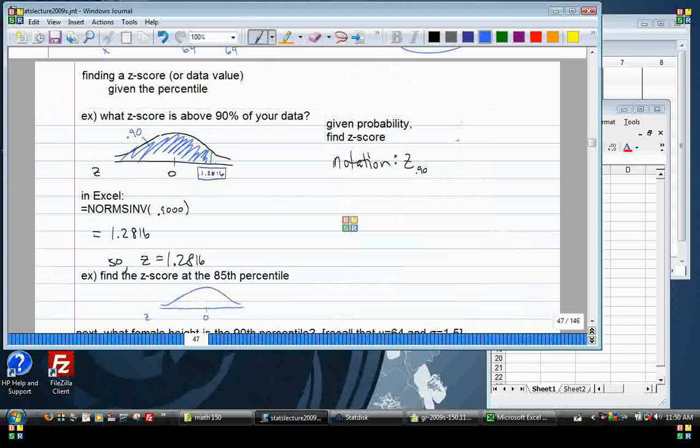What z-score is above 90% of your data will be the same thing as what z-score is at the 90th percentile? Yes, because that's what percentile means. Percentile means above such and such percent of your data. So now, what else do we know? We know that this represents an area of 0.85. So now how do we find that z-score?